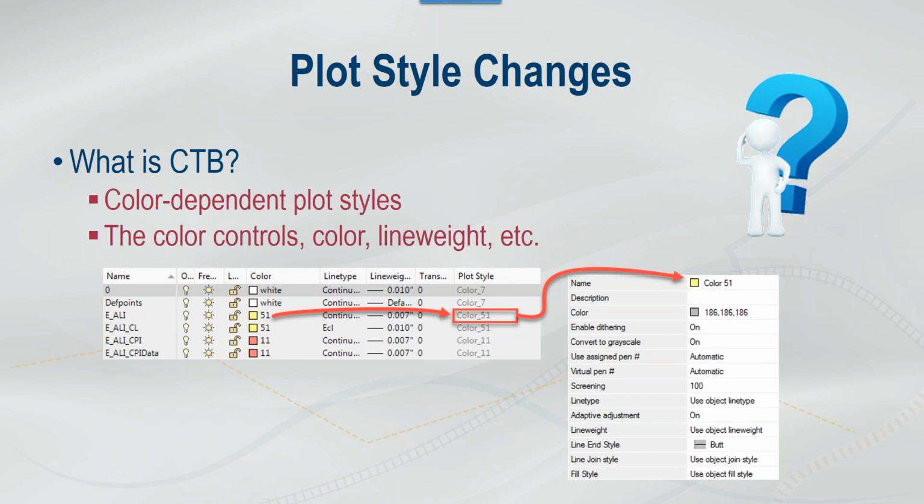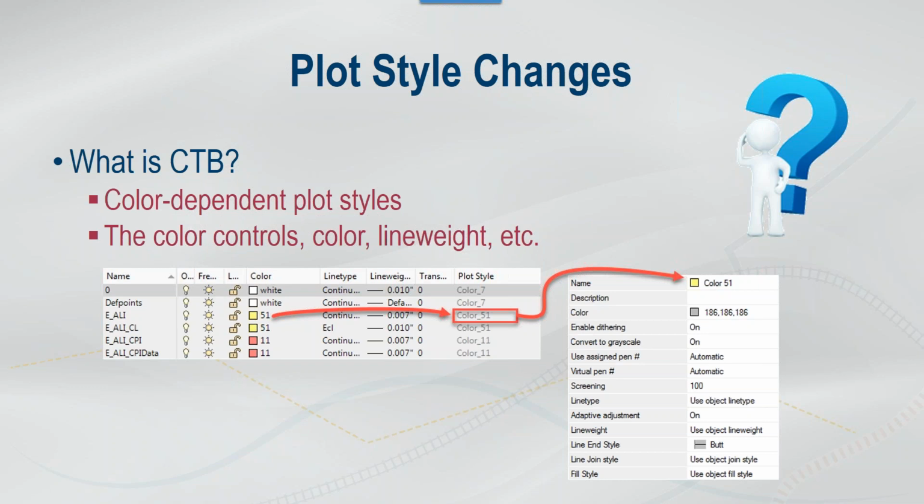In a CTB plot style table, instead of creating a name for each plot style, there is a plot style for each of the 256 indexed colors. So the only difference is that the color of the layer or object determines what the plot style is. Notice in the image that the plot style column is grayed out. This is because color determines the plot style.